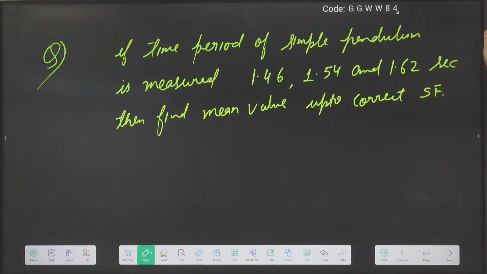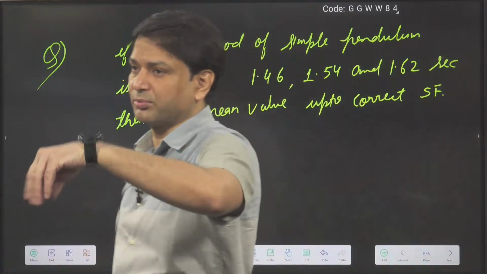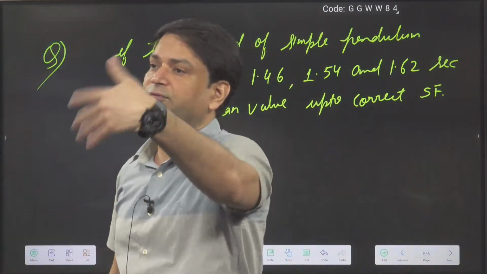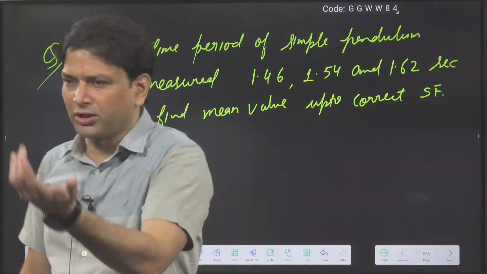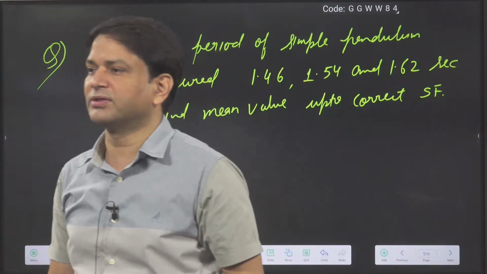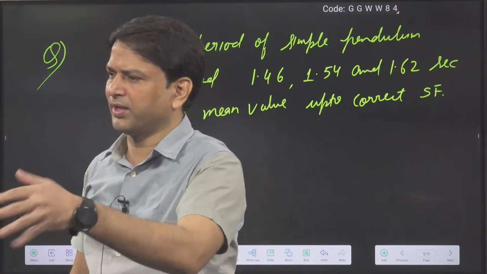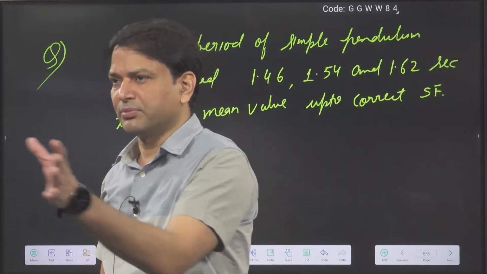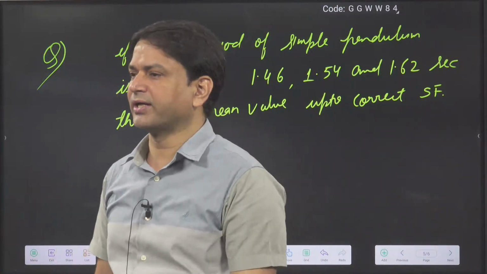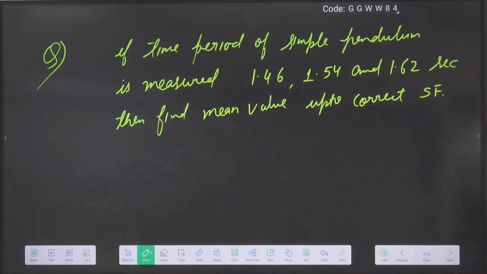Three measurements I have given, by some device. We are not using a wristwatch, because a wristwatch can measure only 1, 2, 3, 4, 5, 6. We are not using a stopwatch either, because a stopwatch can measure 0.1 second minimum. So maybe any device we are using can measure to two decimal places. Then I gave three time values, three observations. I am asking for the mean value up to the correct significant figure.